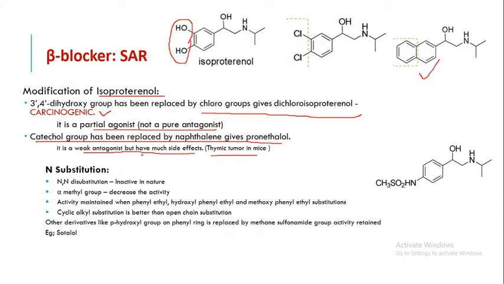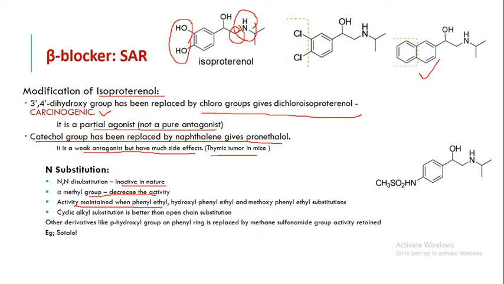Now let us discuss the points related to nitrogen substitutions, that means the amino group substitutions. N,N-disubstitution is inactive in nature. An alpha methyl group decreases activity; that means if there is a methyl group here, there is a decrease in activity.